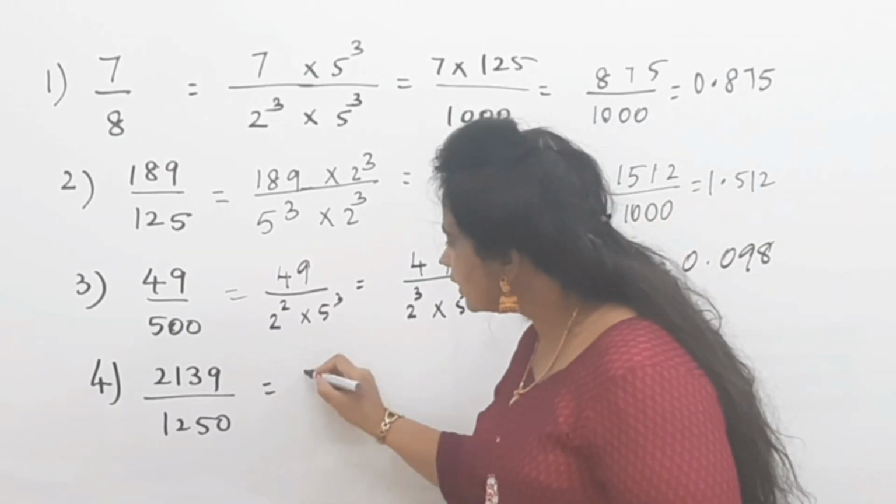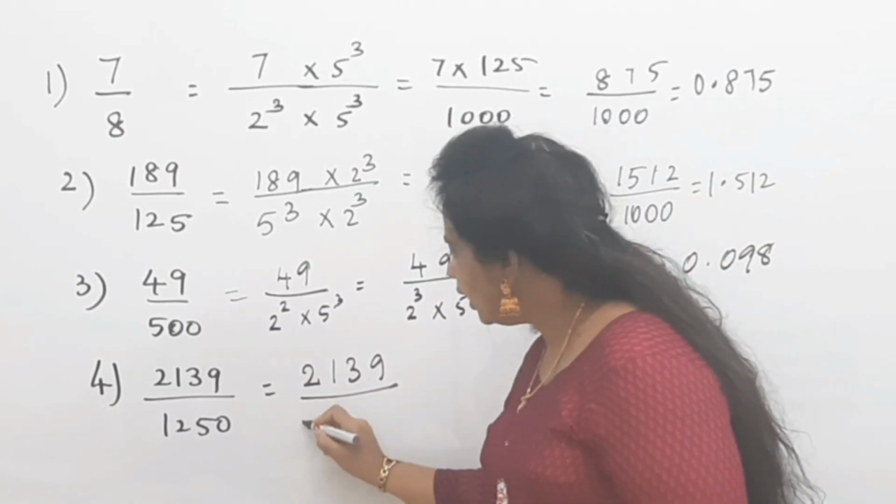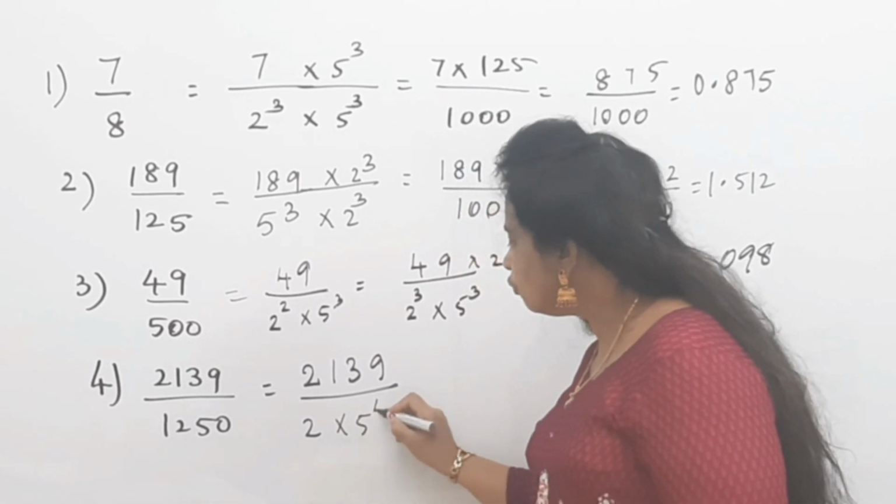Now the last one, by prime factorization, I have 2139 divided by 2 into 5 raised to 4.